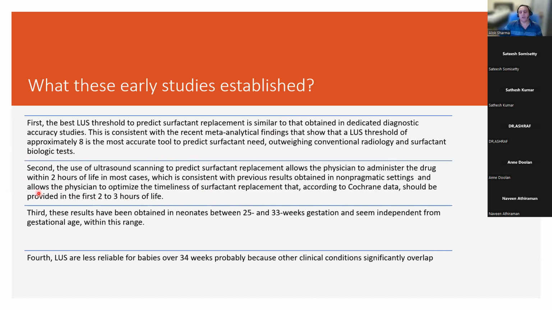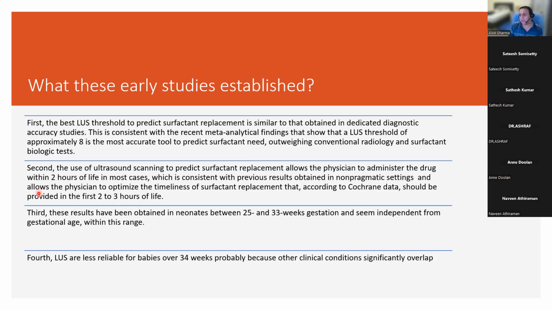again, with the advent of LISA and non-invasive surfactant administration, there is a group of babies, even in the extremely preterm group, especially in countries like Canada and the States, where you have really good delivery room CPAP, who will get away without the need for surfactant. And that's the group of babies where you would want to predict surfactant need quite early on.